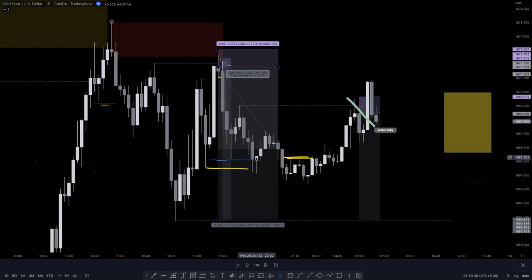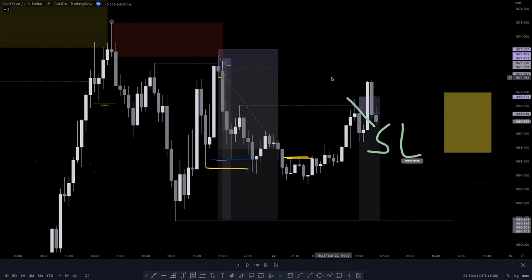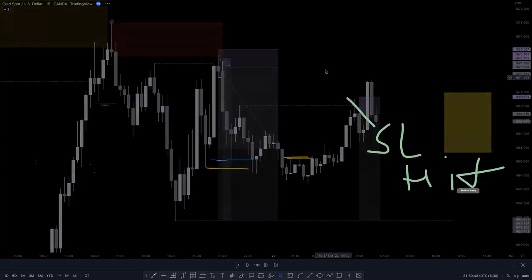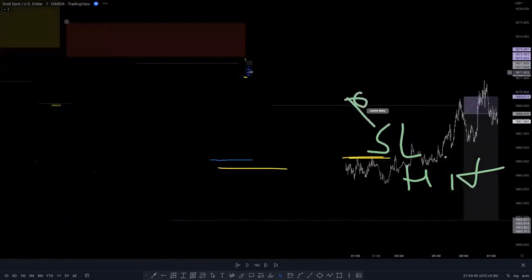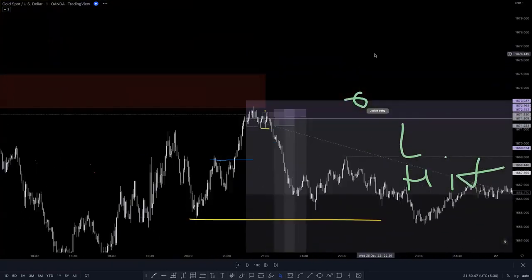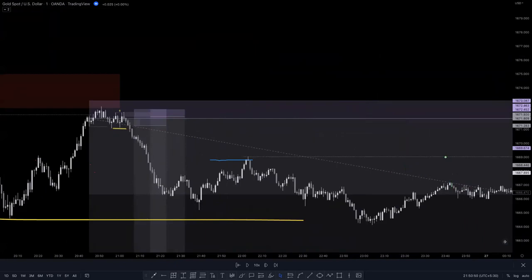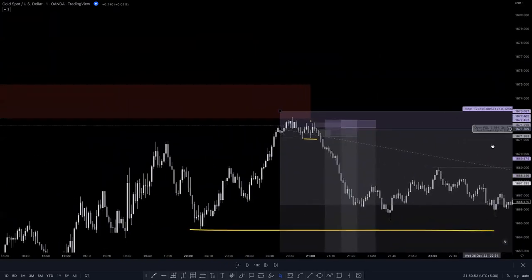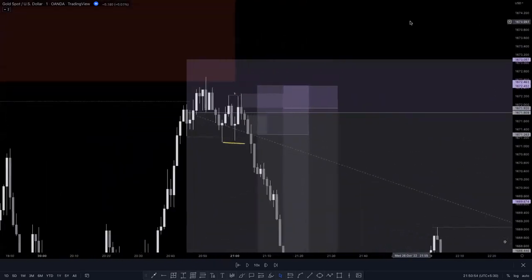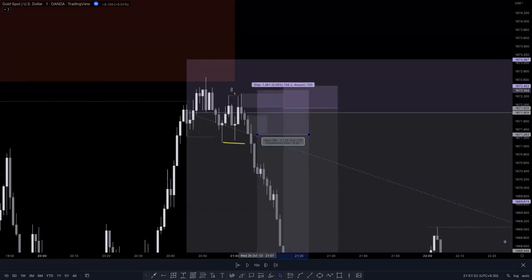I could not find the liquidity. Okay, let me show you exactly. In this case, we are taking this entry because this move already took out the liquidity. That's why we are taking it, and we are setting a stop loss just above the area that took out the liquidity.